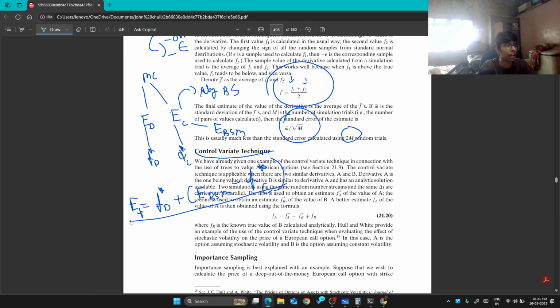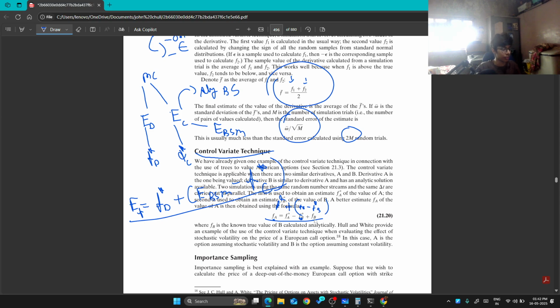In this way it helps us to find the exotic derivative, and it is explained here. Fa is a derivative for which we don't have an analytical solution, but for Fb we have an analytical solution. So we do Monte Carlo simulation of both, and it should be Fb minus F star b. Then we find the difference between them and add it to our answer, and in this way we get the final answer that is more accurate.